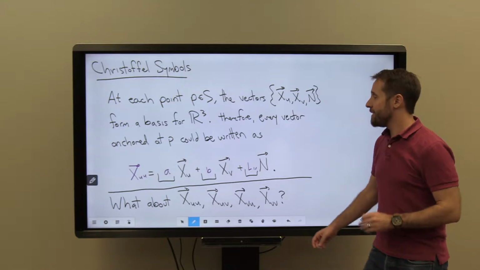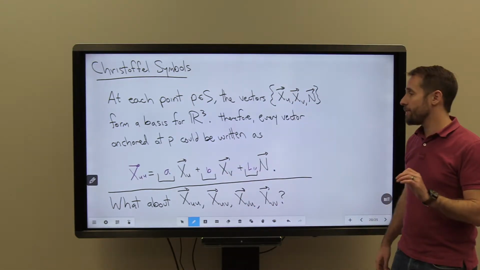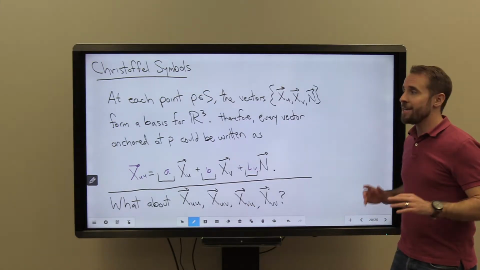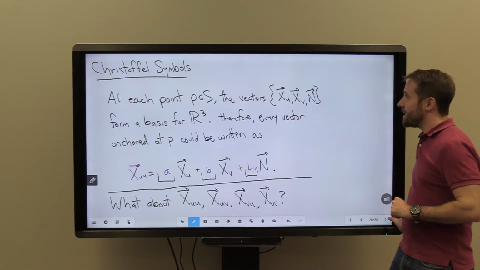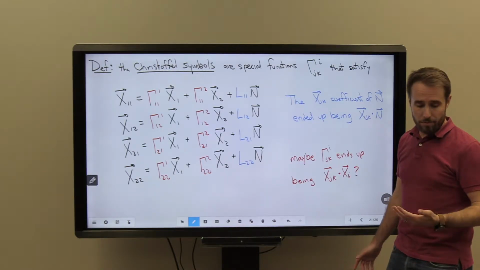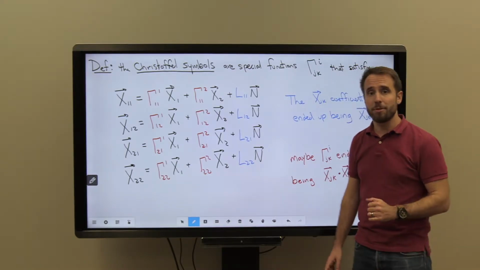And we'll discuss why that's true in a little bit. But we haven't yet seen our coefficients out front here. And so we don't yet know how to express xuu in this basis. That is what we're going to be talking about today. And that prompts us to introduce the so-called Christoffel symbols.